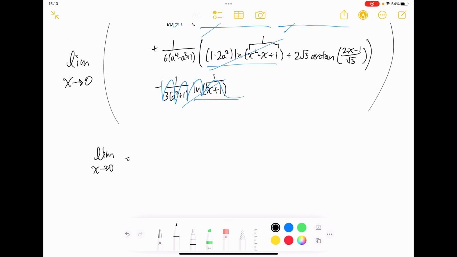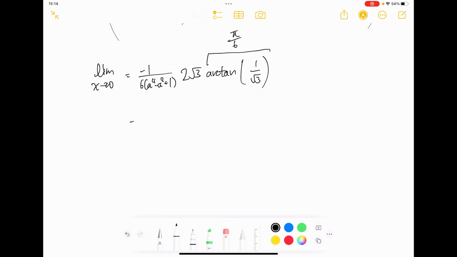A bit of abusive notation, but it's fine. So that will really be equal to 1 over 6 times a to the 4th minus a squared plus 1, times 2 root 3 inverse tangent of 2 times 0, which is 0, minus 1 over root 3. And because inverse tangent is an odd function, this negative can be pulled out front, and inverse tangent of 1 over root 3 is pi over 6.